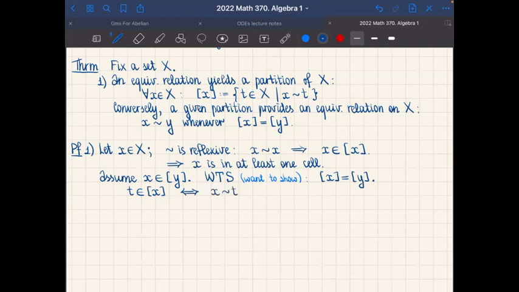But also we know that x belongs to the cell of y, so y is equivalent to x by this assumption. Now, the equivalence relation is symmetric and transitive. So this yields that t is equivalent to y.